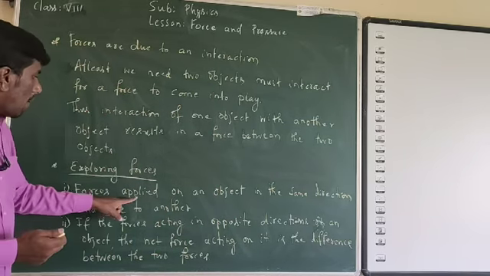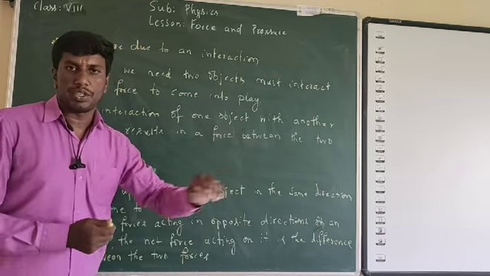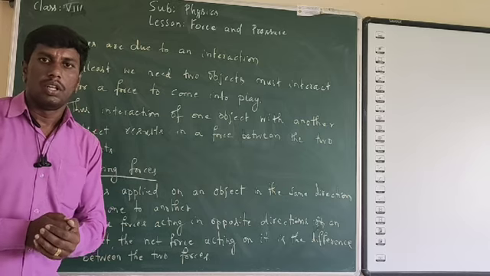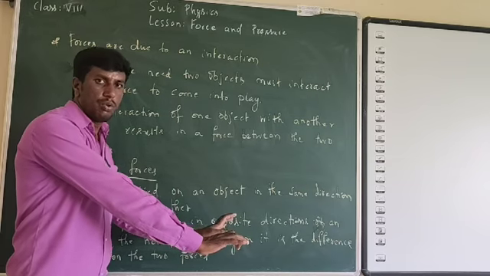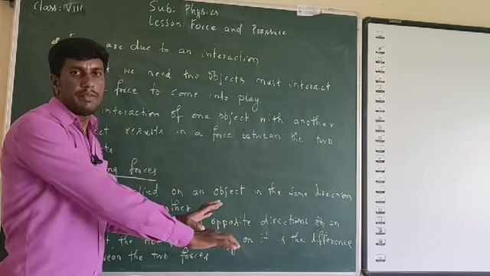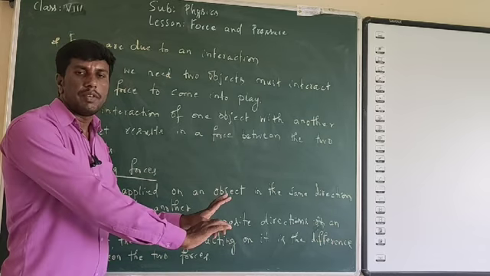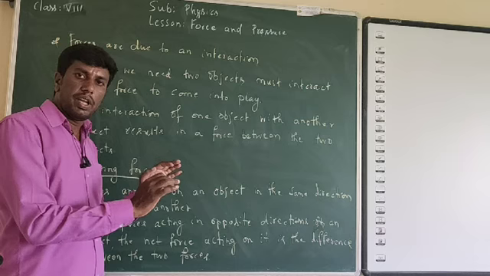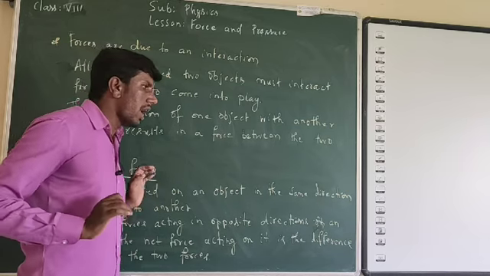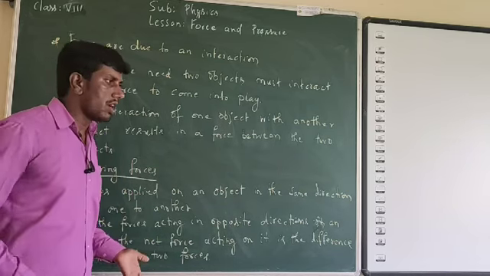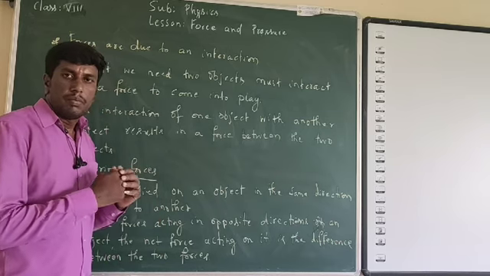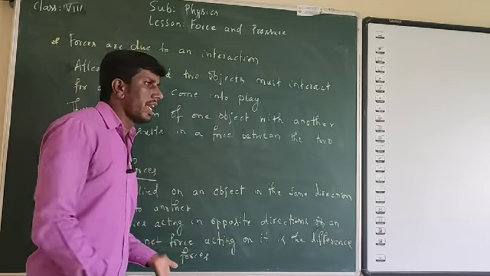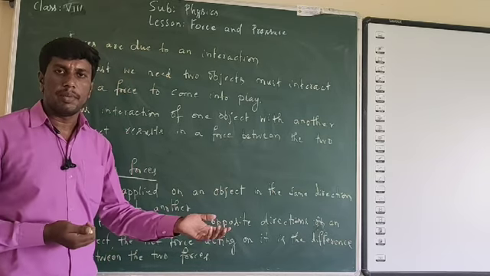Now, forces applied on an object in the same direction add to one another. Now I will be applying some force, my friend is also applying some force, we both are applying some force, that means both the forces will add up, the net force will be the added force, right? So that's why the table is moving. If I alone am applying a force, the force is very less, so we can't move that table, right?